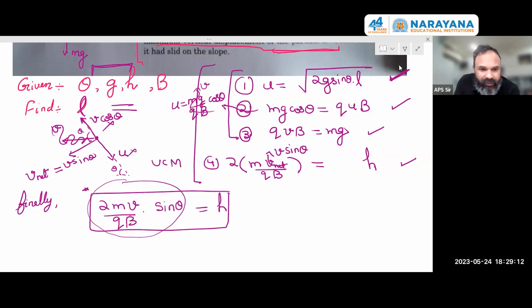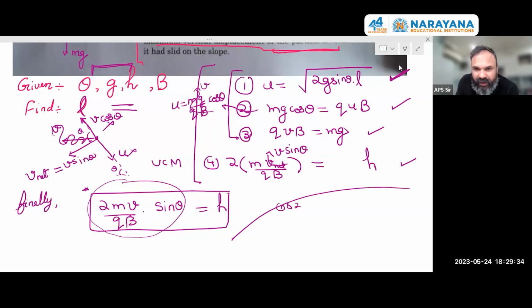Some square terms you will have. Theta you can always keep because that is known to us. So we have to just substitute the value of v. So mv upon qB, and that you can replace in terms of u. Because indirectly from the first and second, just focus on the second.